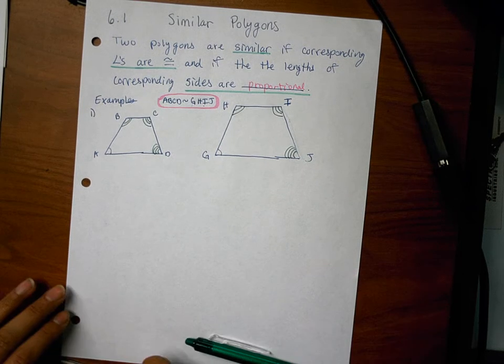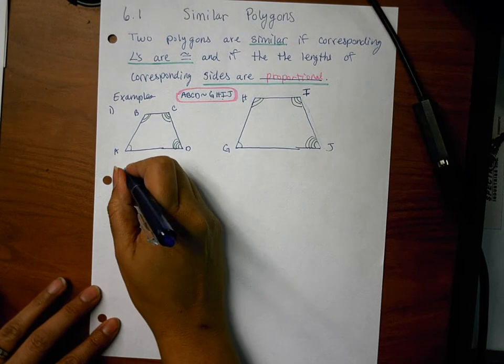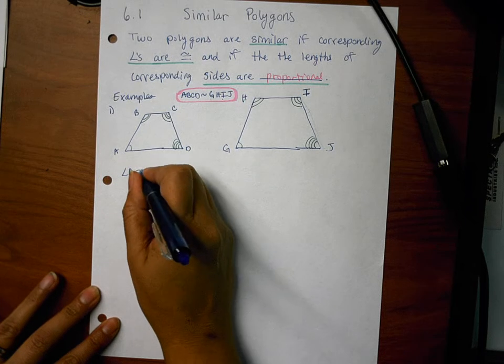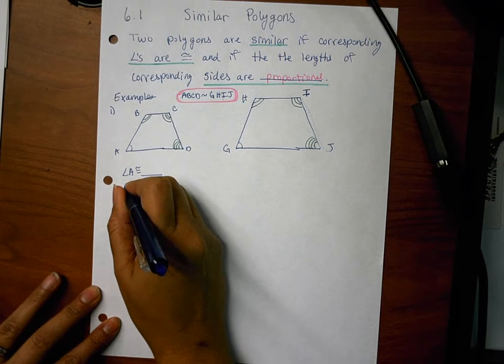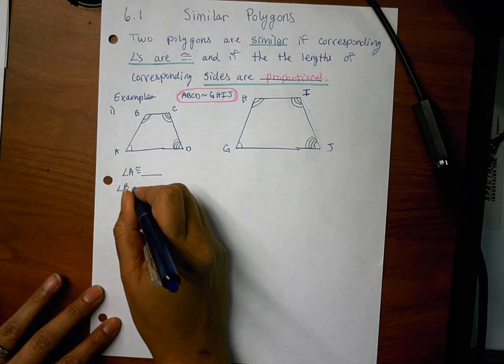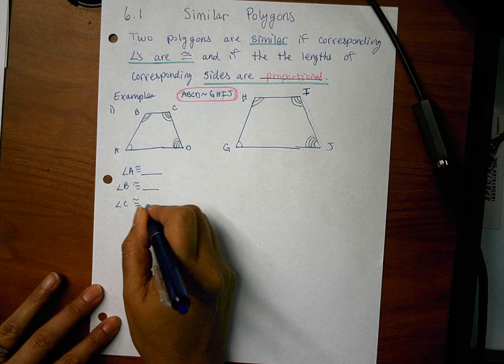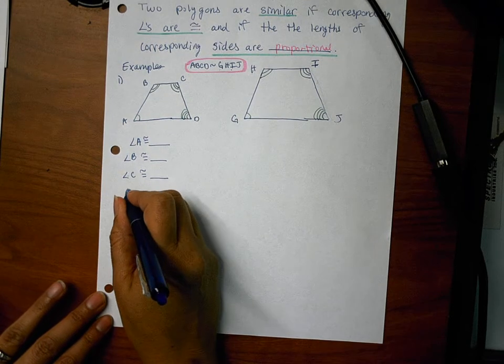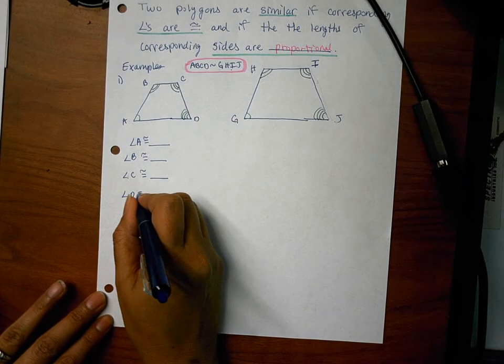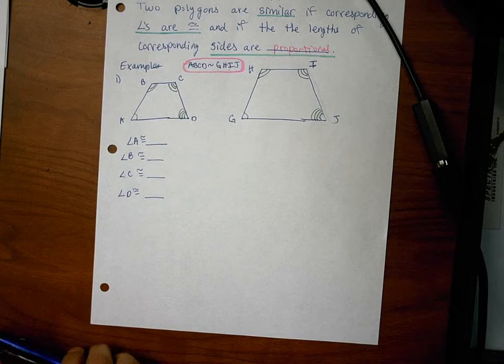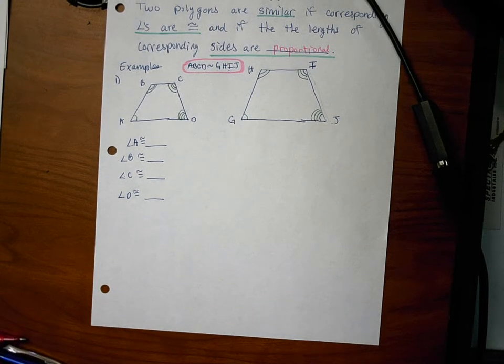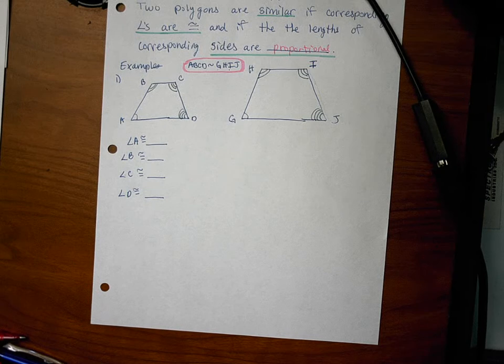So if I gave you this and asked you angle A is congruent to blank, angle B is congruent to blank, angle C is congruent to blank, and angle D is congruent to blank, and have you fill those in, how would you fill it in? Go ahead and hit pause, fill them in, hit play, and see if we end up with the same answer.